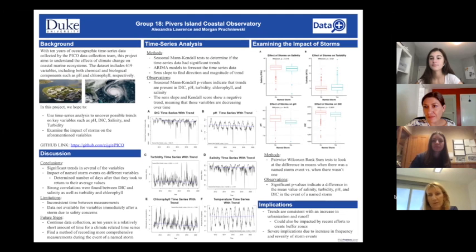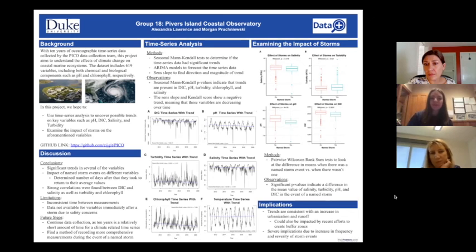I also added some rain gauge data from Carteret County, and I ran a lagged correlation between the rainfall and pH and dissolved inorganic carbon.